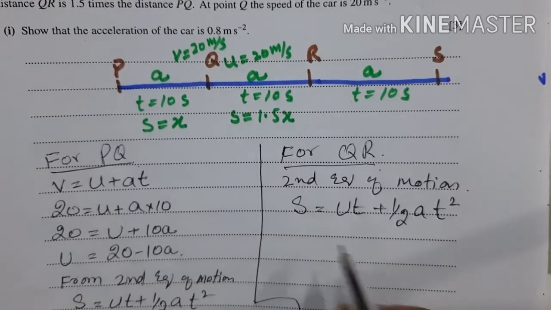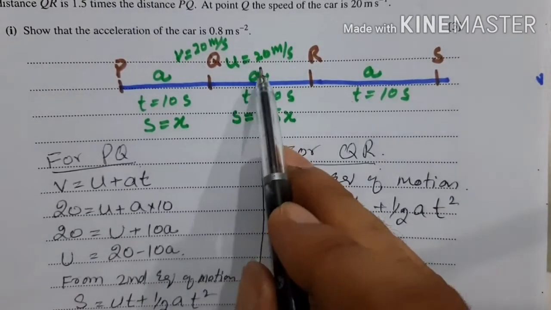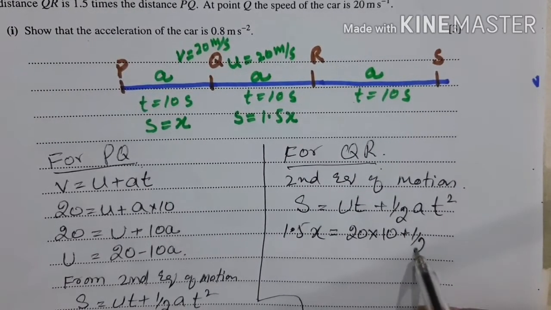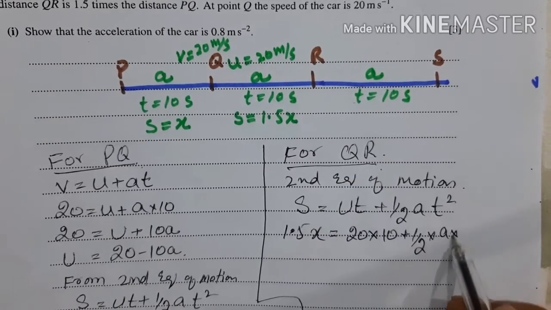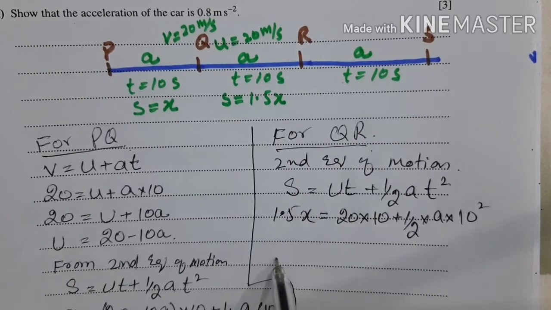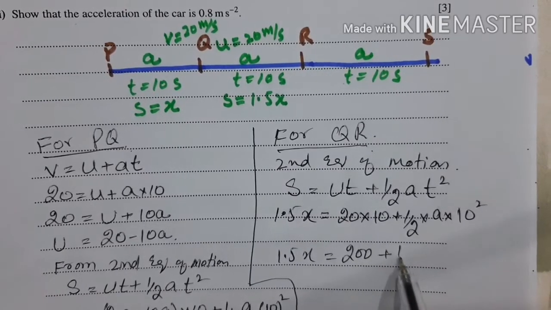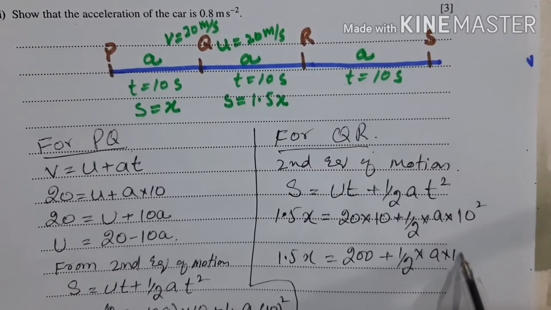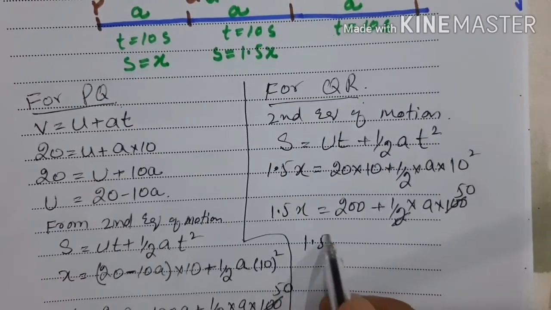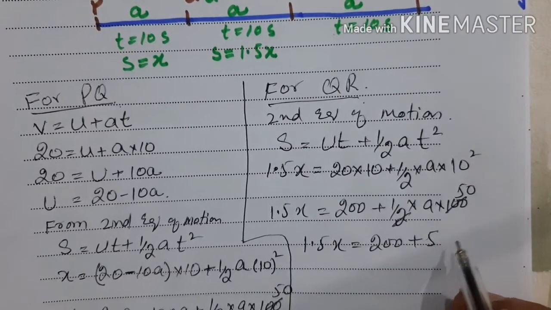So S is 1.5x, that is 1.5x is equal to U. Here U is 20, time is 10, 1 by 2 into A into 10 square. So 1.5x is equal to 200 plus 1 by 2 into A into 100. This will cancel with 50. So 1.5x is equal to 200 plus 50A.